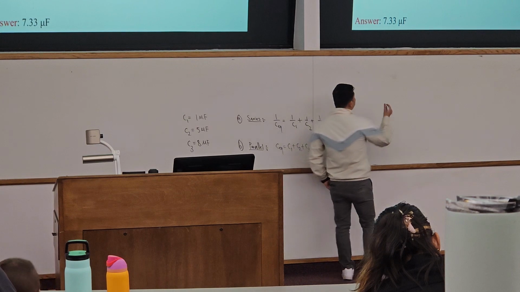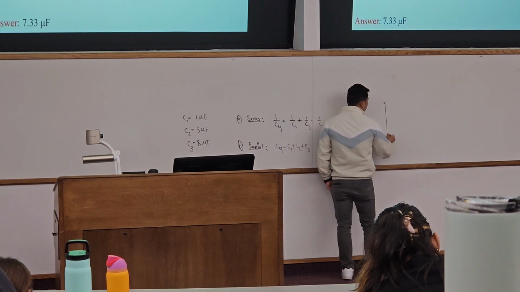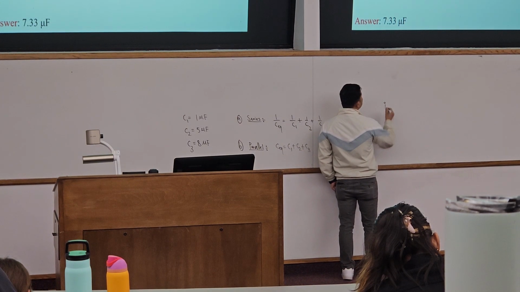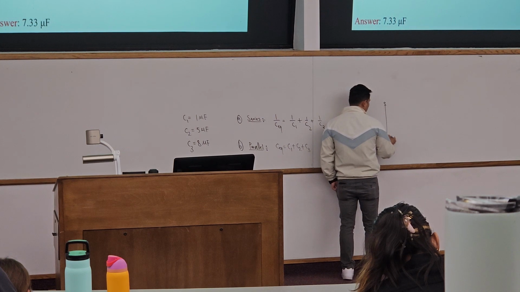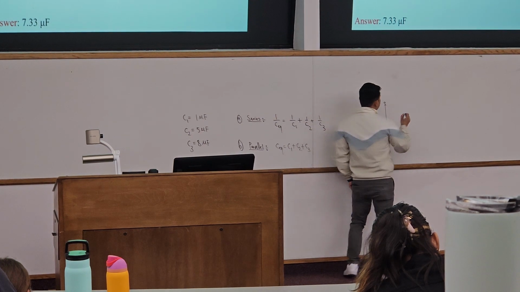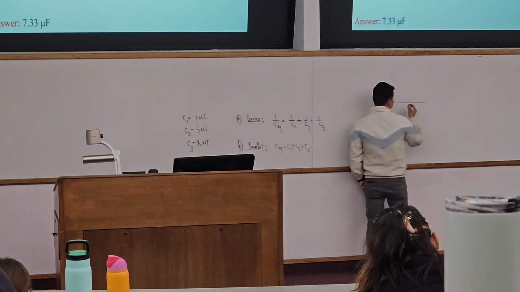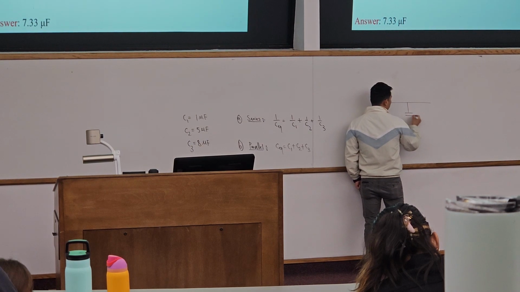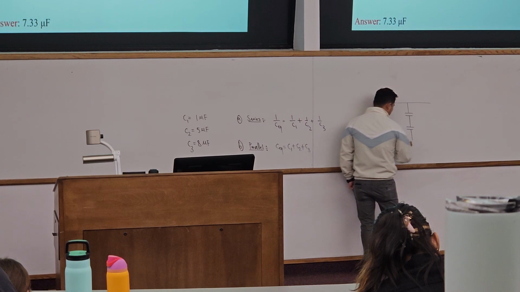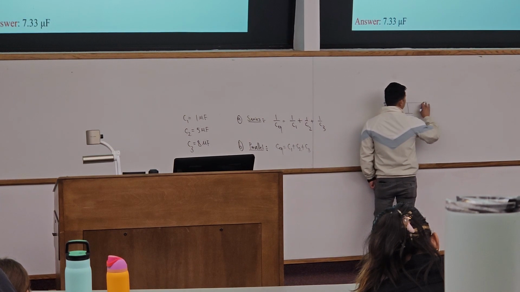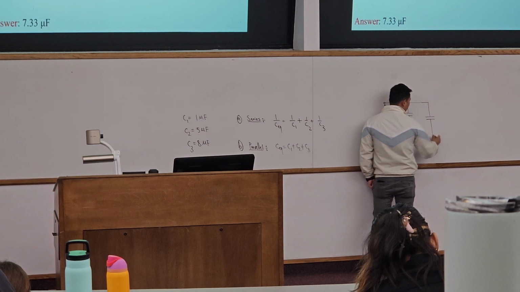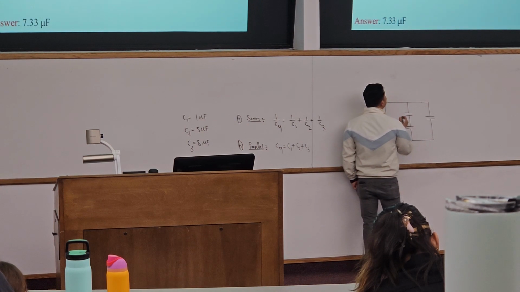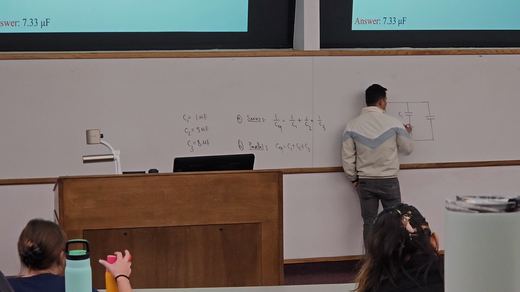B is a battery. Let's say you have a battery, and you have some potential V coming from the battery. You have two capacitors like this, and there is one more capacitor. I think I gave this problem in one of the tests, so likely you might get this one.